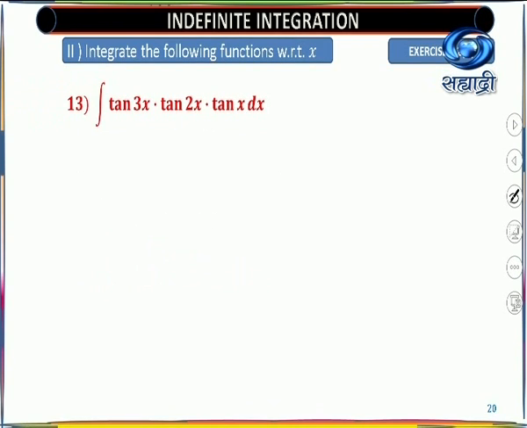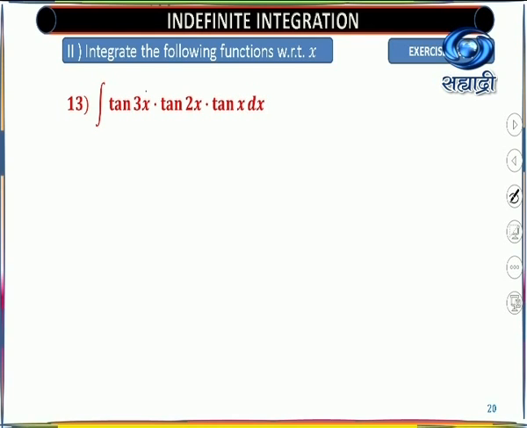Look at here, the example is, this is now a bigger example. Tan 3x into tan 2x into tan x dx. Now there will be a problem because you are having 3 functions at a time. But observe this function properly. You are having a product of 3 tan functions.